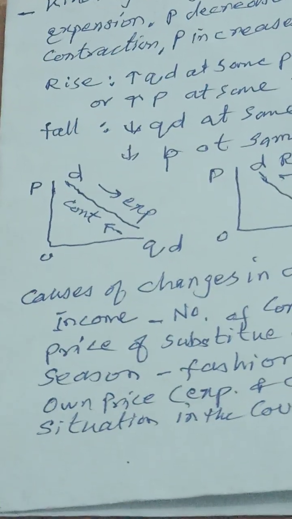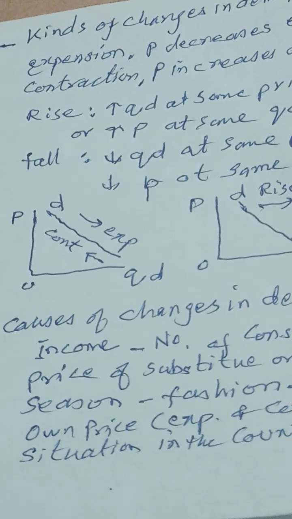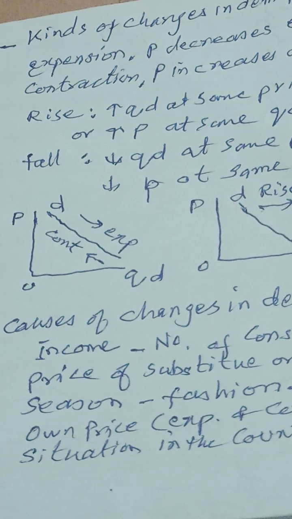There are some causes or reasons of changes in demand. Mostly we assume these causes as constant in the law of demand, or assumptions of the law of demand, like income should not change.